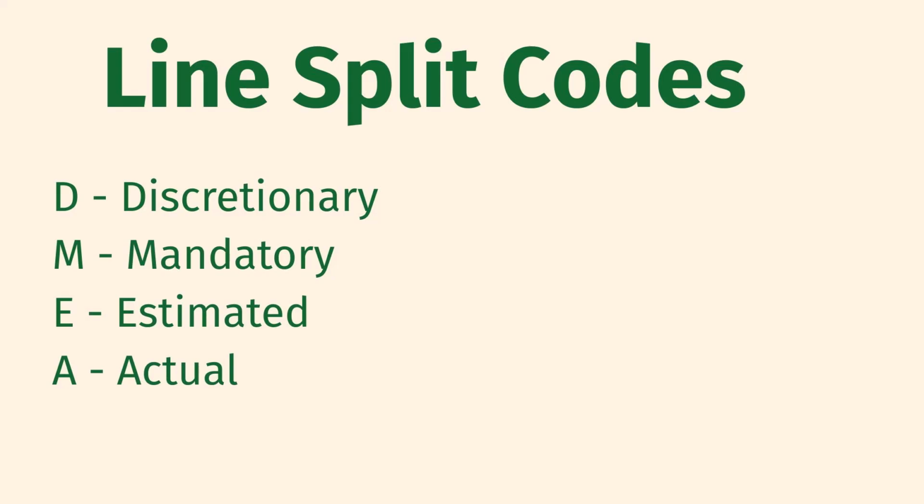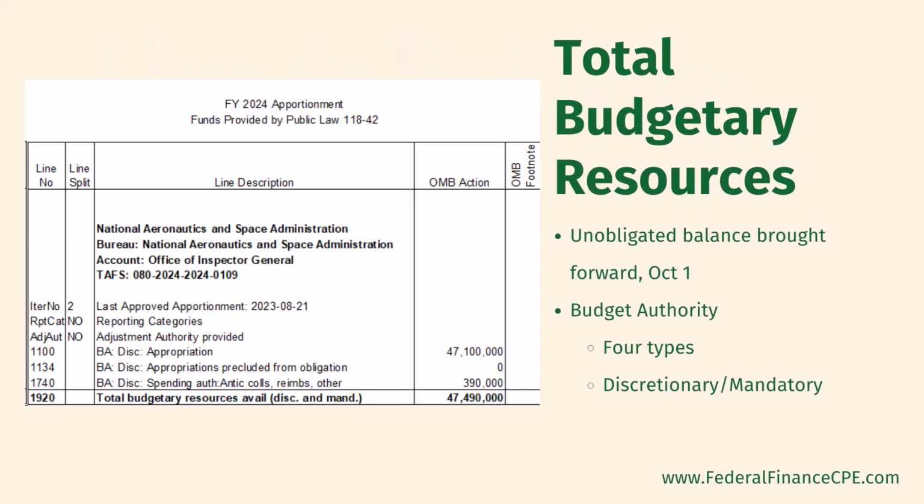So DE means discretionary estimated, MA means mandatory actual, and so on. You'll only see these codes on accounts that need to distinguish between the different types of funding, discretionary and mandatory, which just means if you only have one type of funding, you will not see the discretionary or the mandatory code. You can still see the actual or estimated code if appropriate.